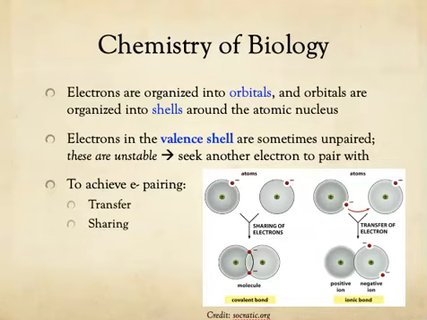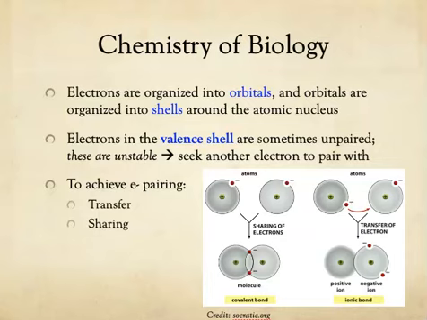It's the very outer shell around an atom that is of interest to us in biology, what we call the valence shell. And that's because electrons within the valence shell are sometimes unpaired. And unpaired electrons are unstable. Unpaired electrons in the valence shell of an atom are going to seek out other electrons to pair with, because paired electrons are stable.